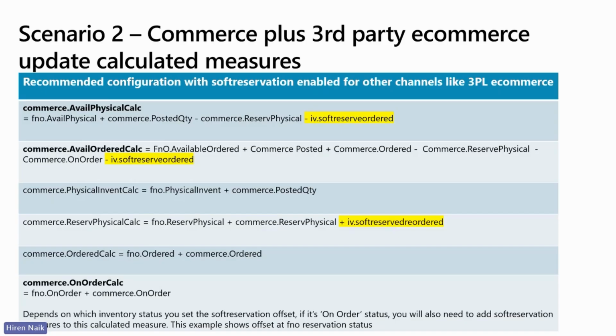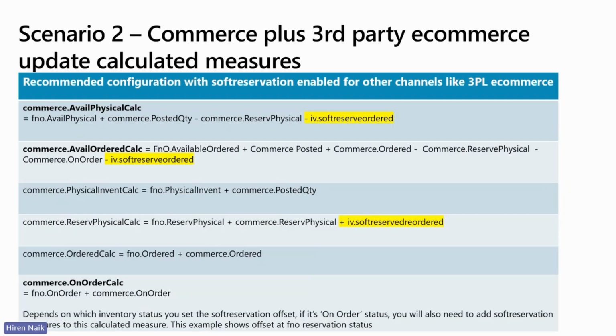If you set the soft reservation offset to the on order status, then to make sure the entire calculation is balanced and correctly reflecting your right inventory, before or after the offset, you would still need to add this IV.soft reserve ordered quantity into this commerce on order calculation.